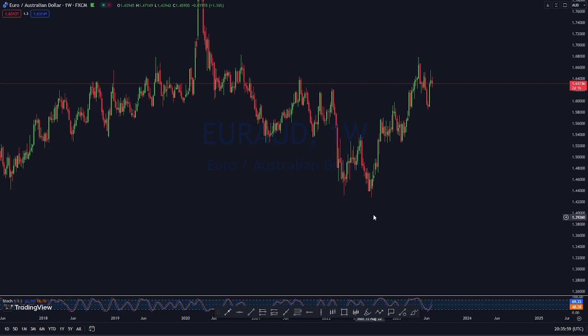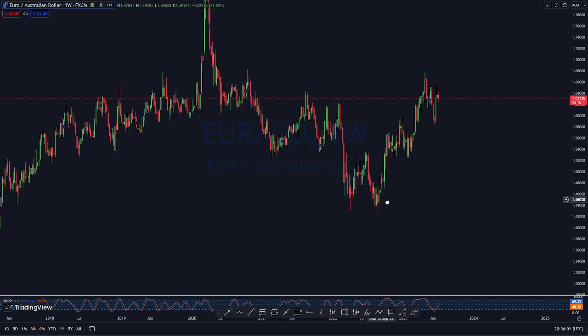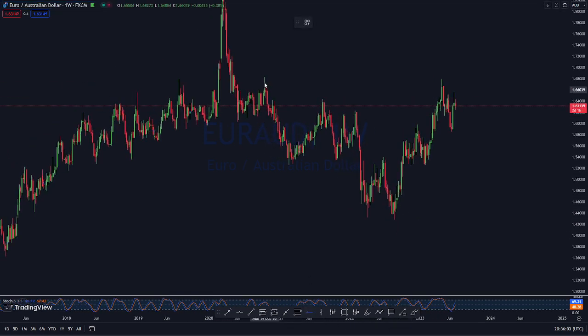Another thing that you should note, let me mark this on the higher time frame. We can have a low here, a low here, right?